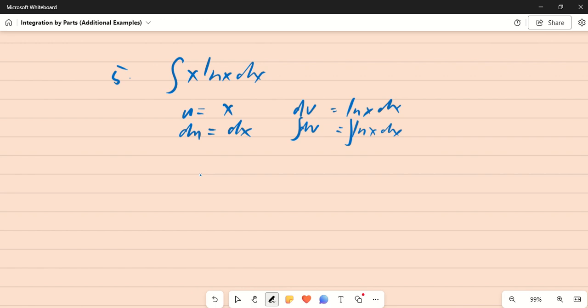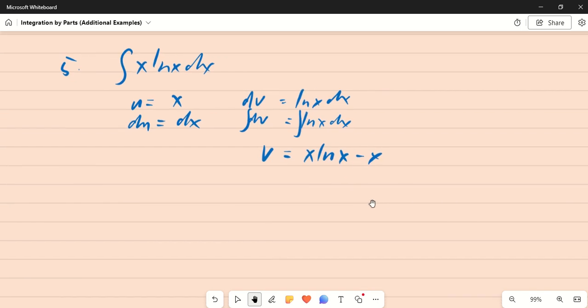So your v here is the integral of ln of x dx, which is x ln x minus x plus the arbitrary constant c. And in this example, definitely you cannot solve the integral of x ln x dx by making use of u as your x and your dv as your ln of x dx, because as you notice here, your v is x ln x minus x, so it makes our computation more difficult or more complex.